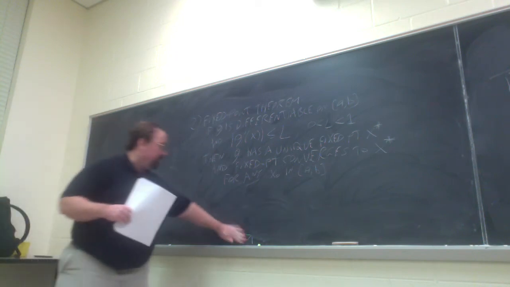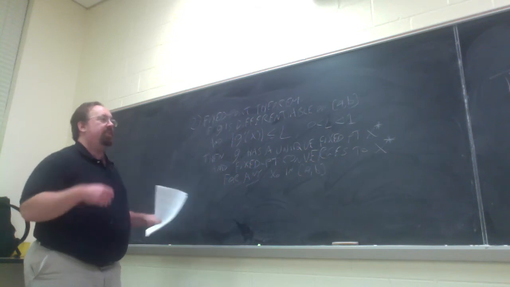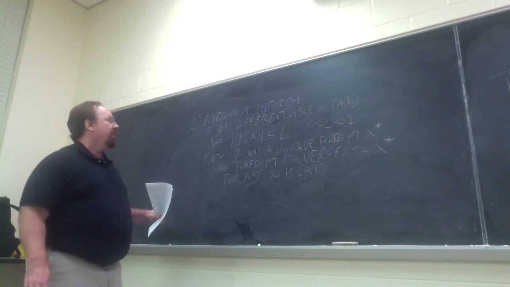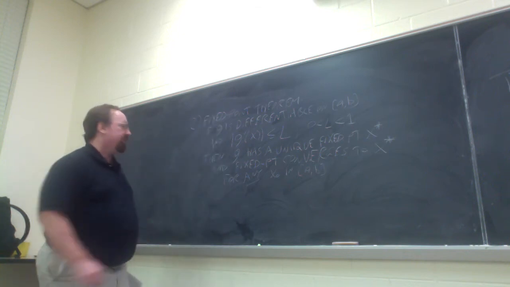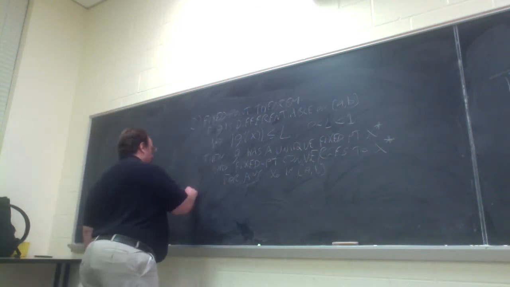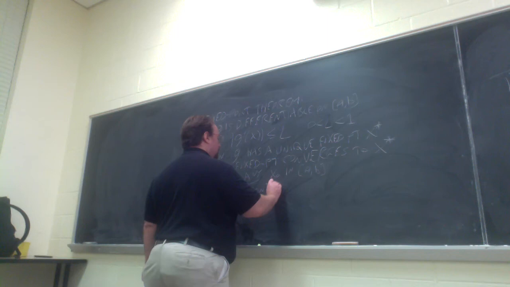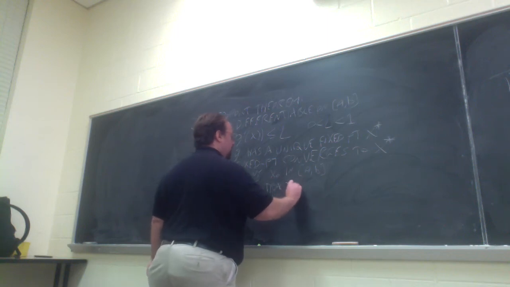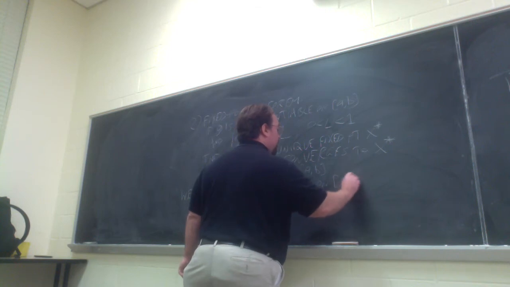So what I should mention is, in either case, if G satisfies the Lipschitz condition, or if G's derivative is small enough, which means it still satisfies the Lipschitz condition, then we say that G is a contraction on the interval AB.